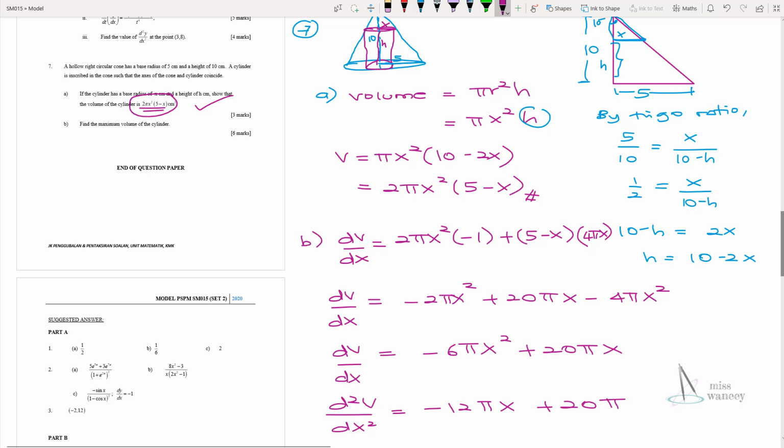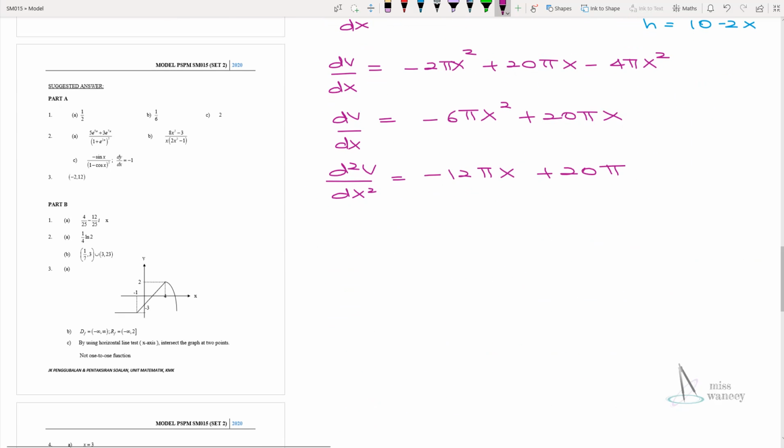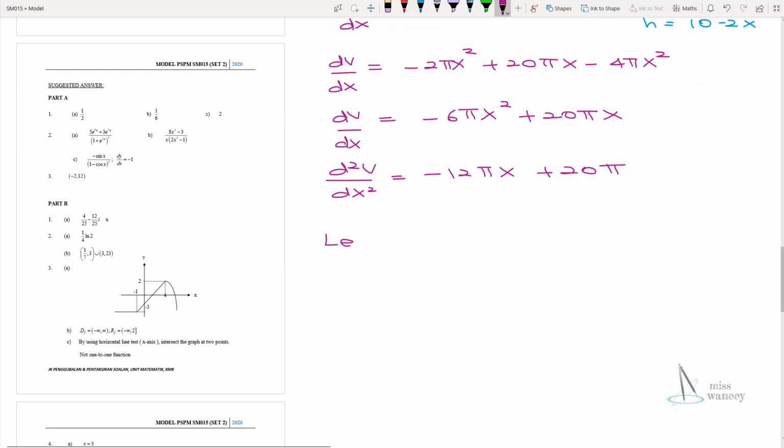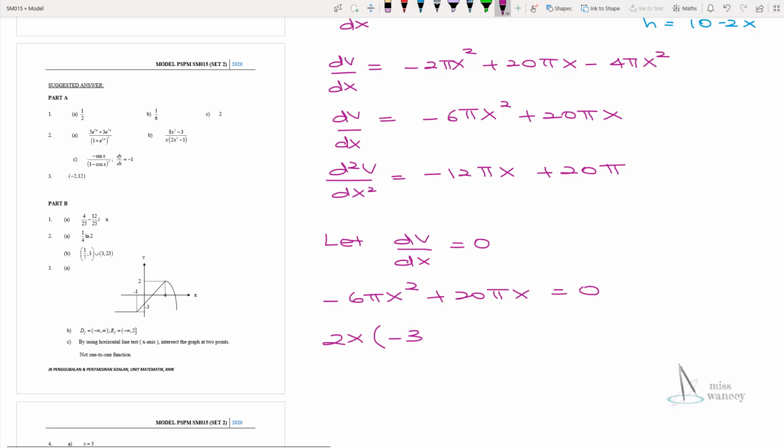Okay, so to find the stationary point, I have to let dv over dx equal to 0. So negative 6 pi x squared plus with 20 pi x is equal to 0. So I'm going to factorize the x out as well as the 2. So 2x, so I got negative 3.